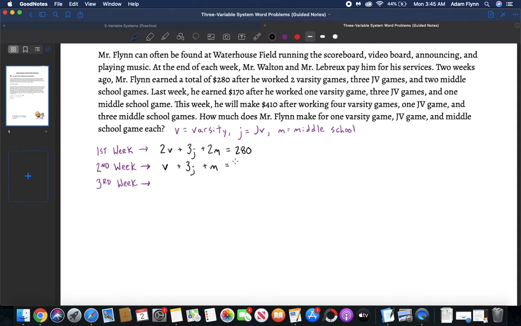And the total again on that was $170. And for the third week, I earned $410 working 4 varsity games, 1 JV game, and 3 middle school games.